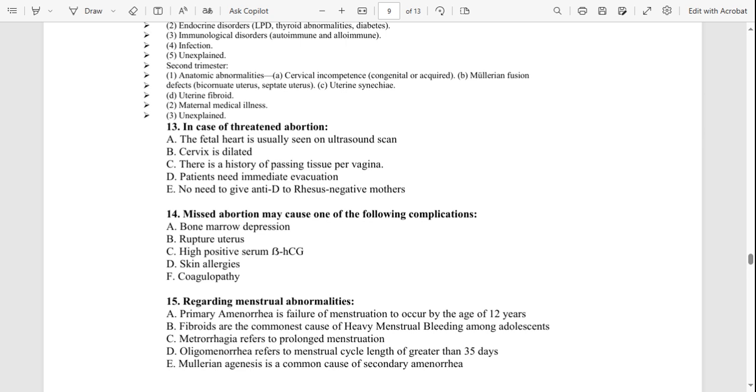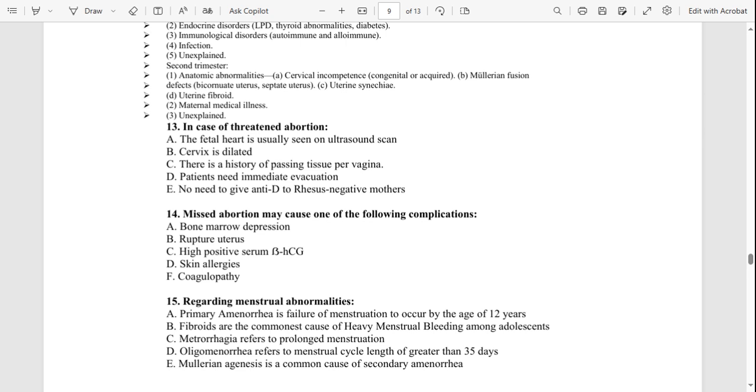thromboplastic substances are going to start to be released into maternal circulation. Those are factors that cause coagulation. So there's going to be disseminated intravascular coagulopathy, clotting. And once you've used up the clotting factors, later on you are going to have bleeding.